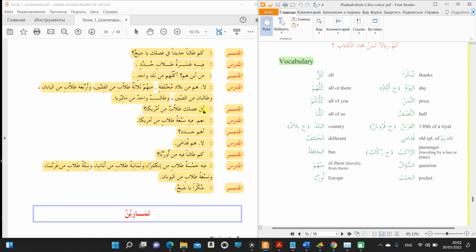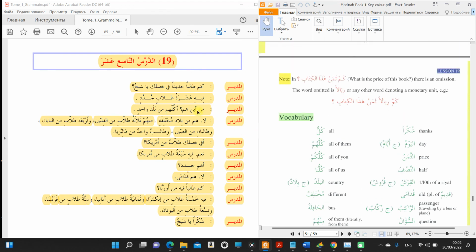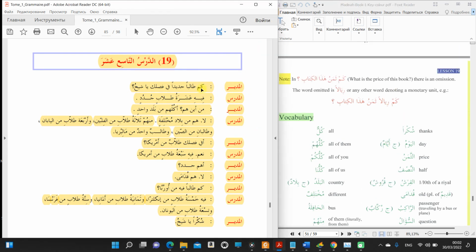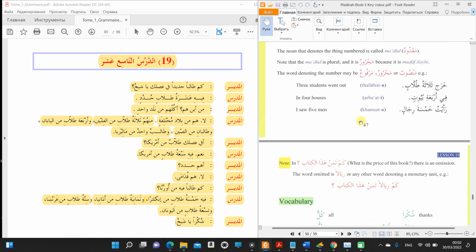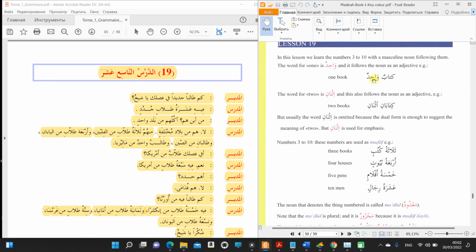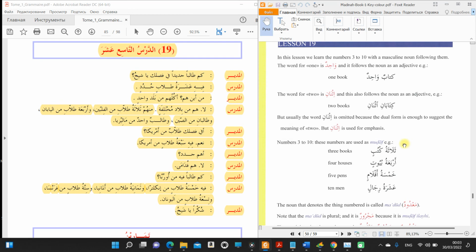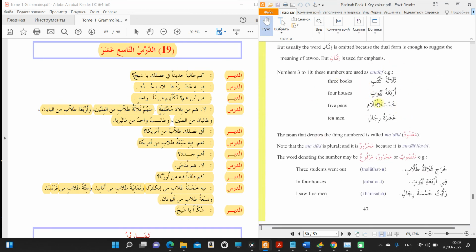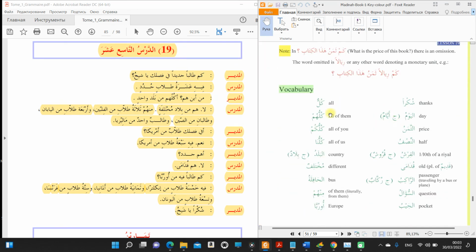As usual, just read the dialogue at least 10 times and memorize all the new words, starting with the numbers. Let me translate it for you. One is واحد. Two is اثنان. Three is ثلاثة. Four is أربعة. Five is خمسة. Six, but they don't have six in the book of explanation, neither in the vocabulary.